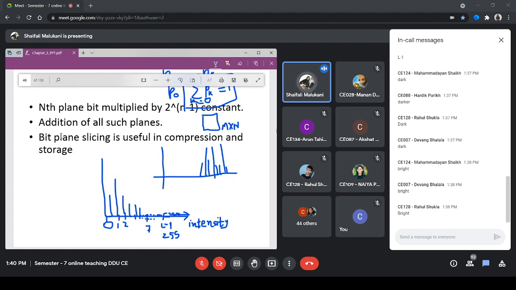One more question to you. This is L minus 1. Which kind of image is this? Dark or bright or other type? I can give you a hint: high contrast or low contrast?